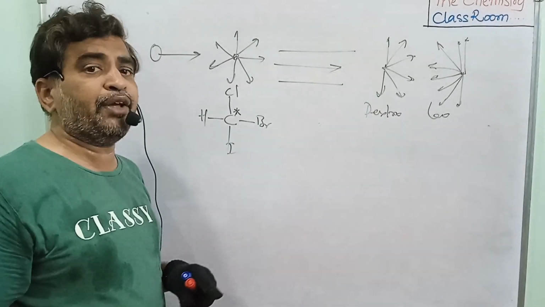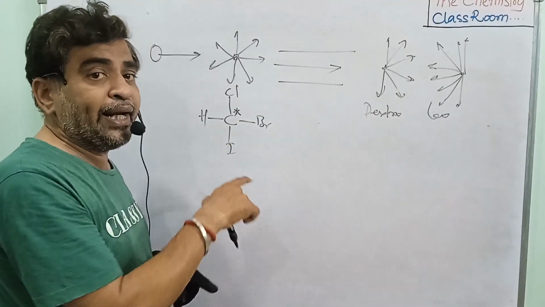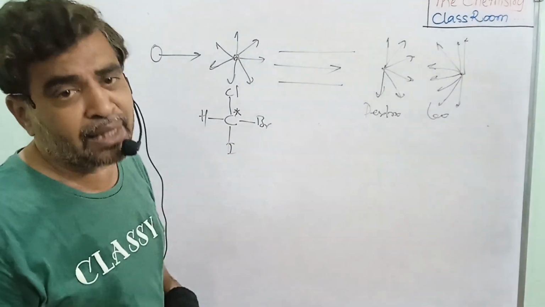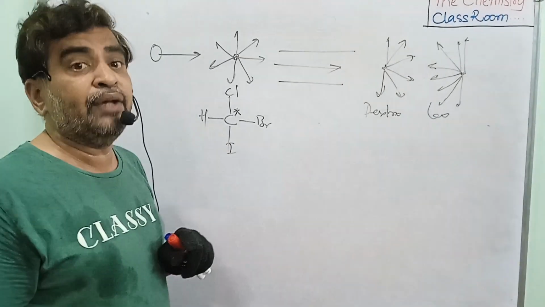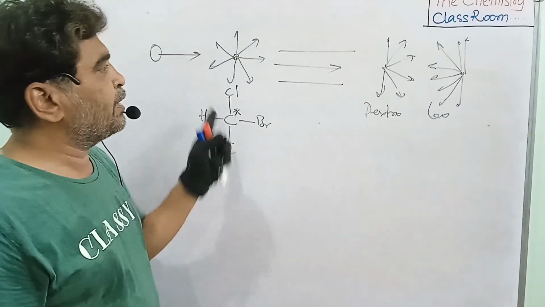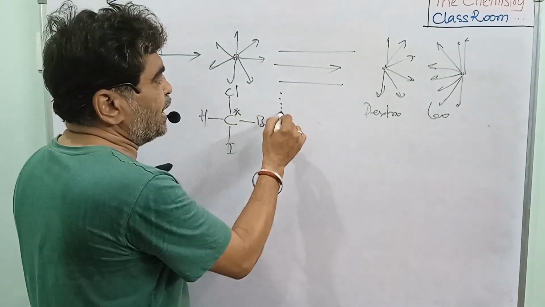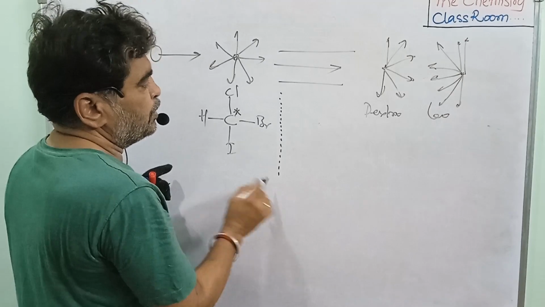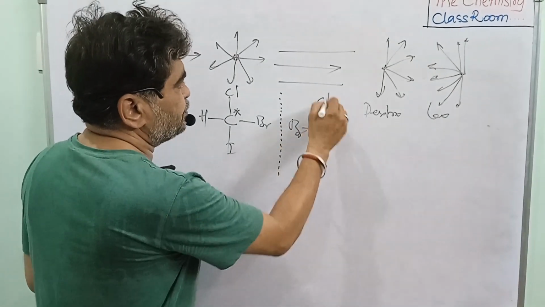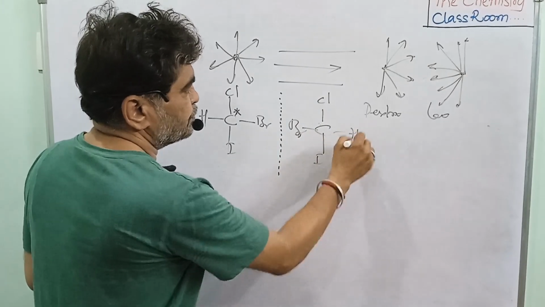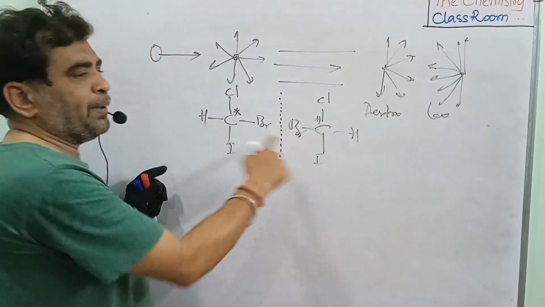If you have an asymmetric or chiral carbon, then only it rotates the plane polarized light. If you have one chiral center, then only it rotates the plane polarized rays. So when it is chiral, you will get optical isomers. You will get a mirror image for this compound. So you see this one. Here is the chiral carbon. You are getting the mirror image.